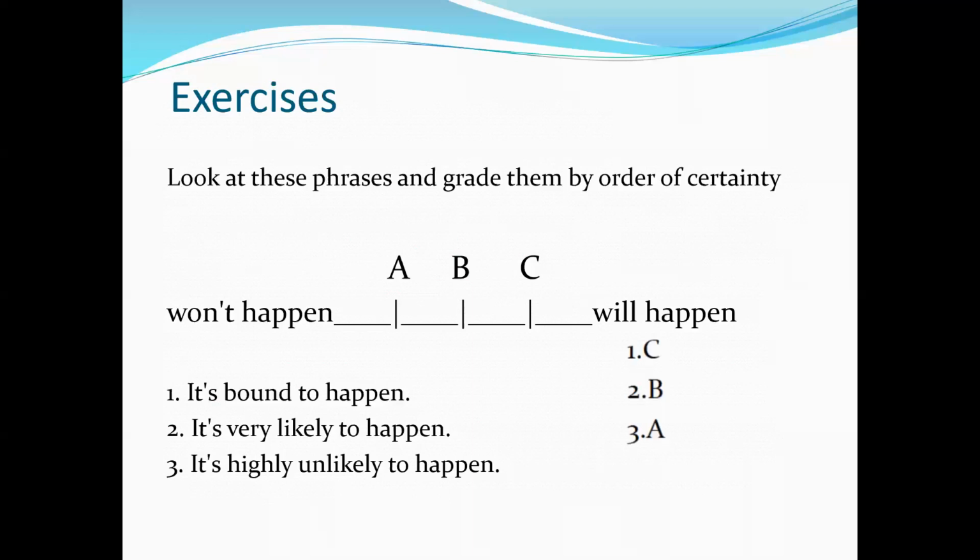So "it's bound to happen" is letter C, because it certainly happened. "It's very likely to happen" is letter B, and "it's highly unlikely to happen" is letter A.